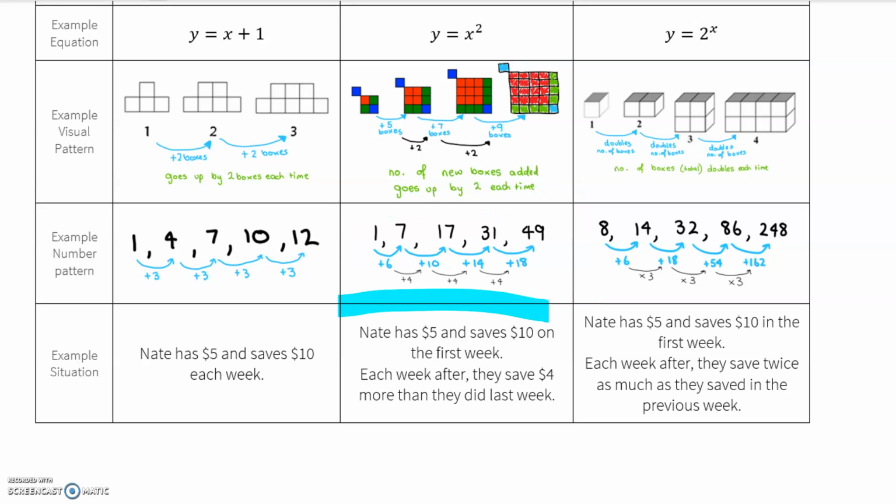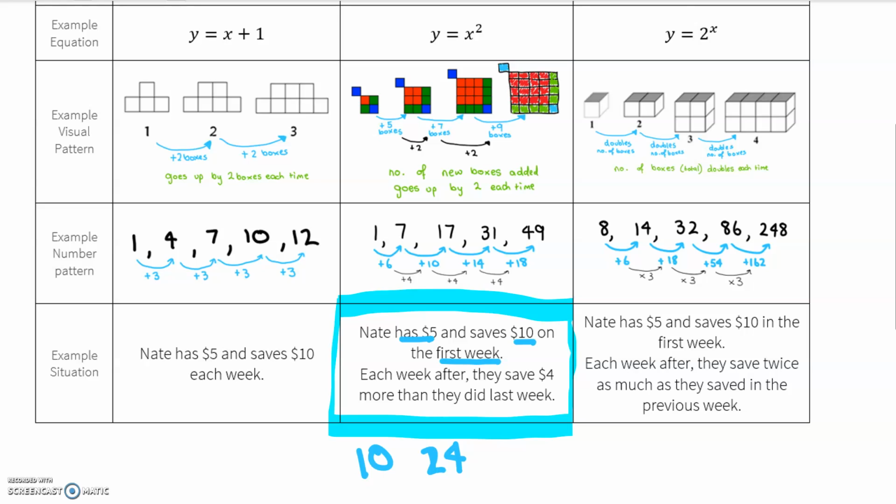With the worded situation, we've got a similar one to our linear, but this time we've started with $5 and we save $10 on the first week. Each week after, they save $4 more than they did last week. So we started with 10, and then in the next week we save 14, so we end up with $24, and then next week we save 18, and so on and so forth.